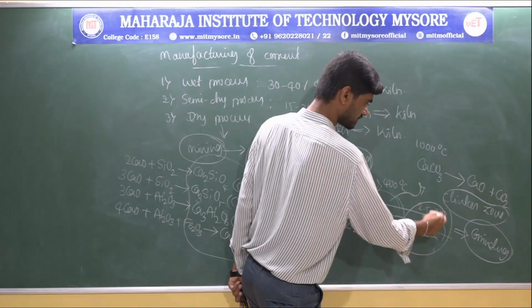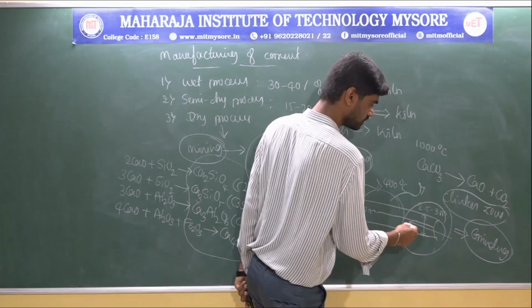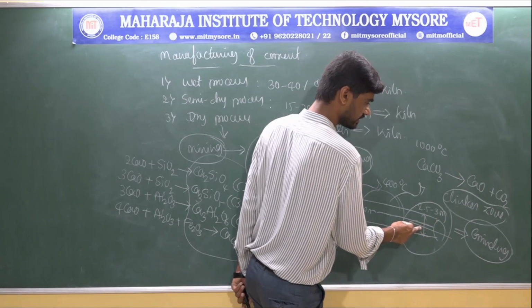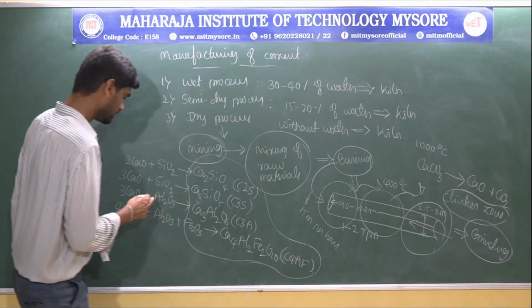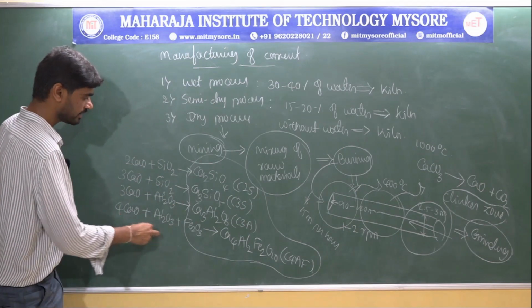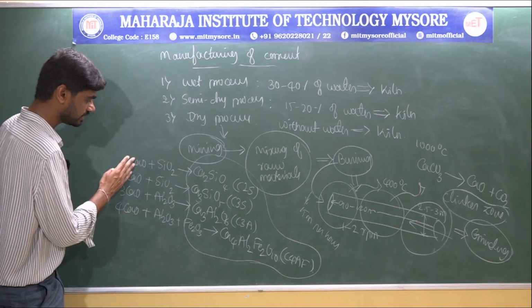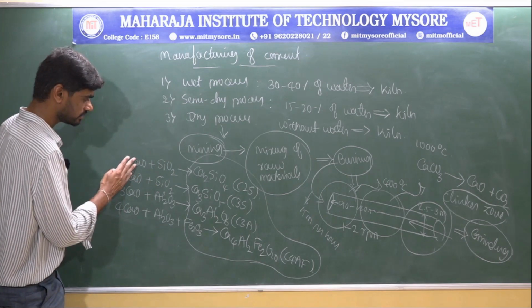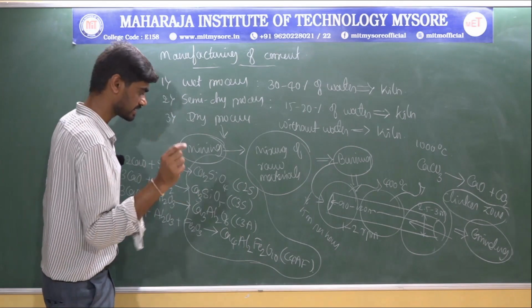The lower region is also referred to as the clinker zone. This is the region where all the ingredients are thoroughly mixed and burnt to get clinkers.